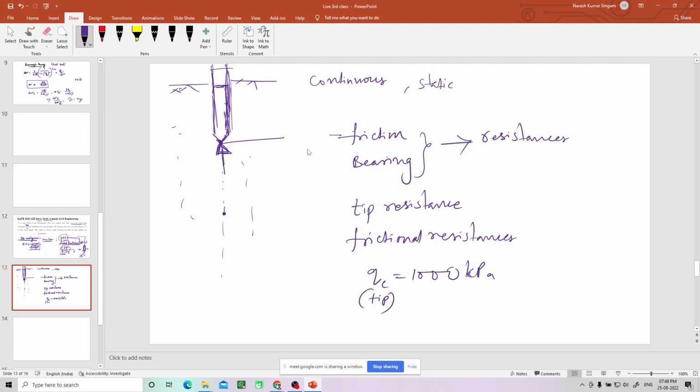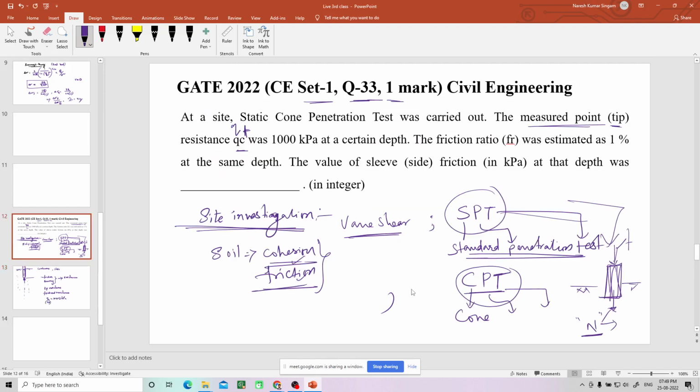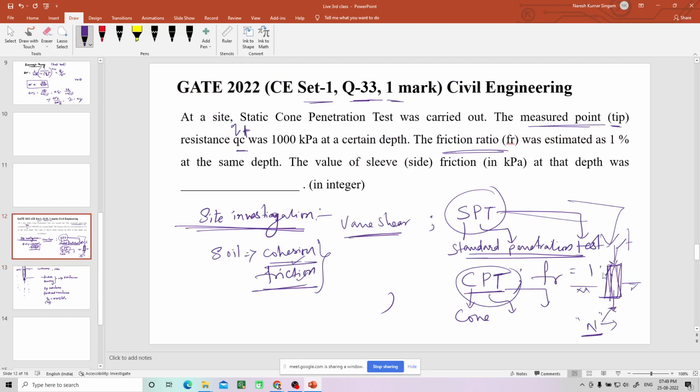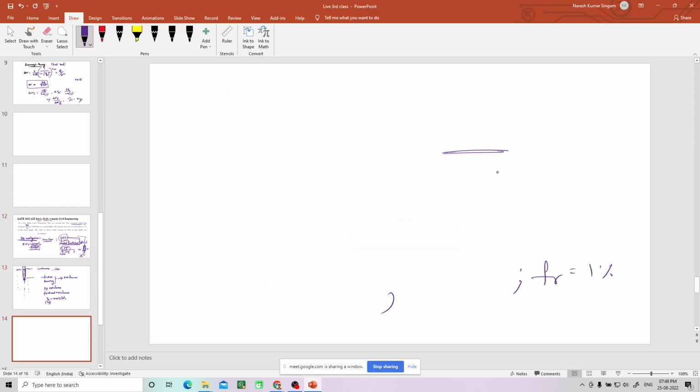And another one given is the frictional ratio, FR, which is 1%. And what is the value of sleeve friction? That means side friction.